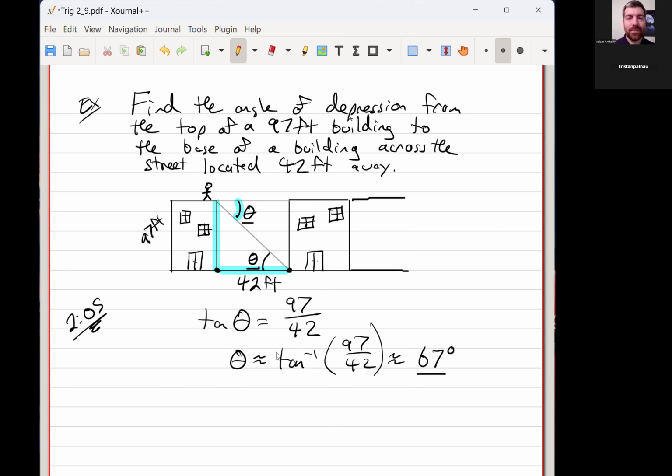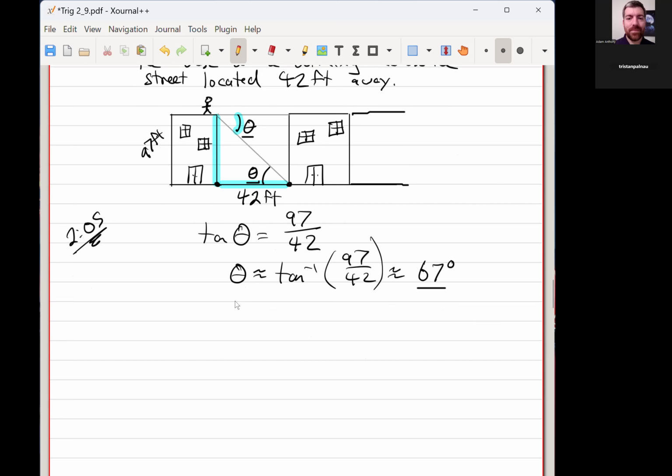All right, now you could report this as an angle of depression of 67 degrees, or you could say it's like negative 67 degrees since it is measured in the clockwise direction. But calling it an angle of depression already takes care of the minus sign, so to speak. So that's how that would be reported if he were writing up his report for this angle of depression.